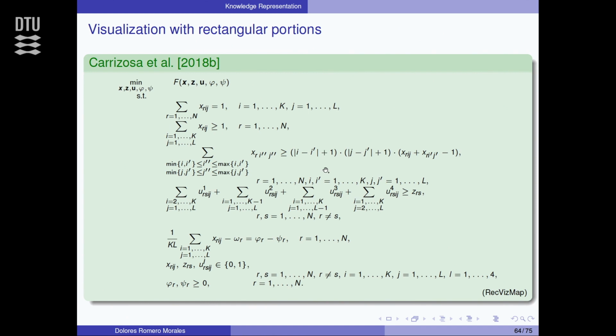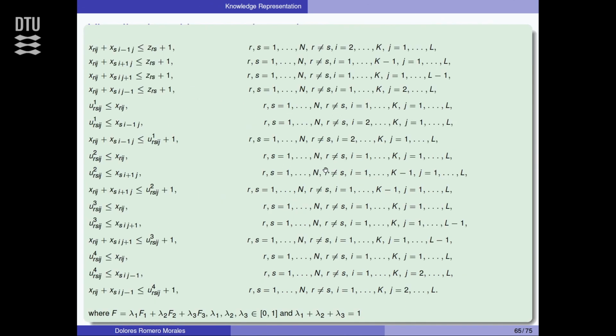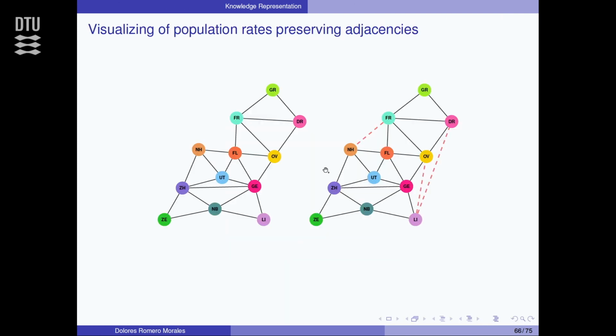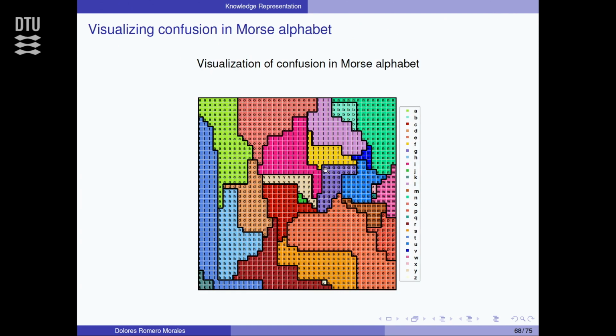And then you have to make sure that you measure correctly your adjacencies, and there are many auxiliary variables to do that. And this is for the people who asked me before about Fortet. Yes, we do Fortet in many papers, including this one, as you can see. And finally, yeah, this one.